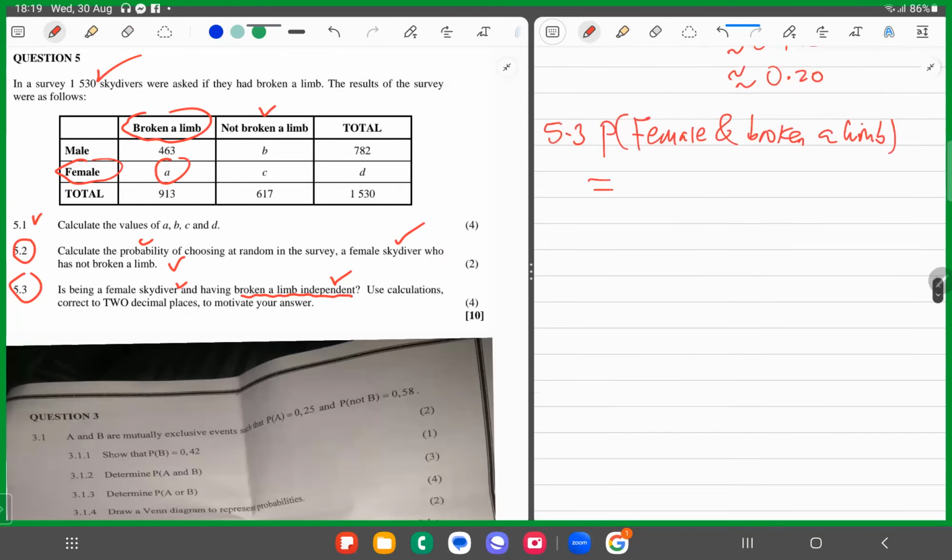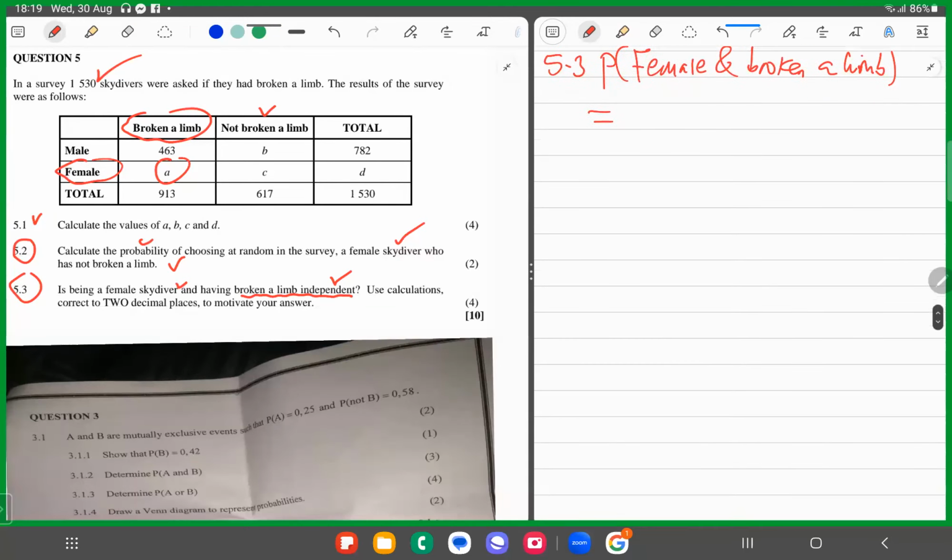So female and broken limb is 450 divided by the total. The total is 1530. We can simplify this by dividing through, and it simplifies to 5 over 17.